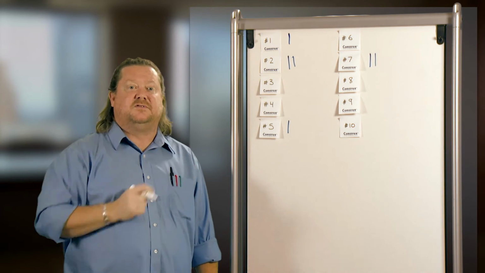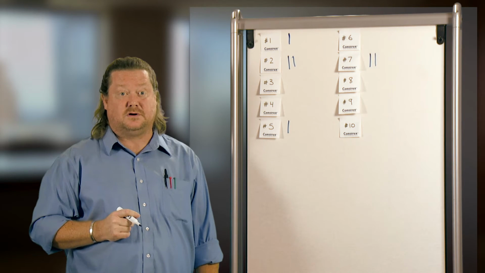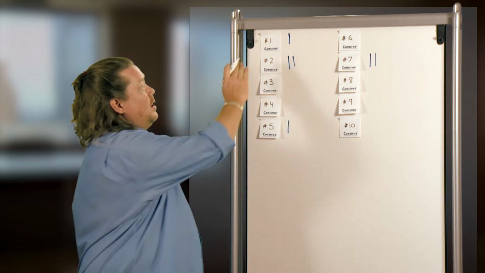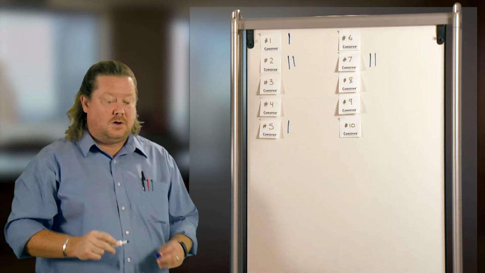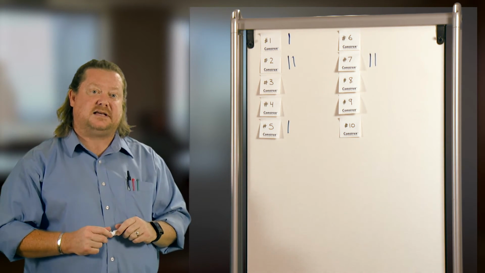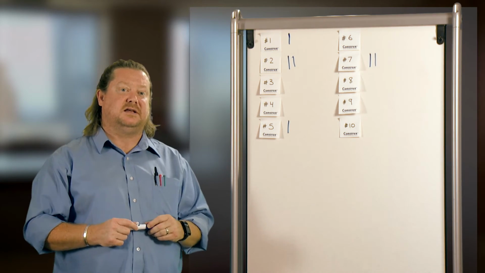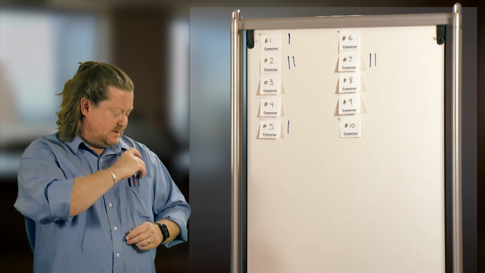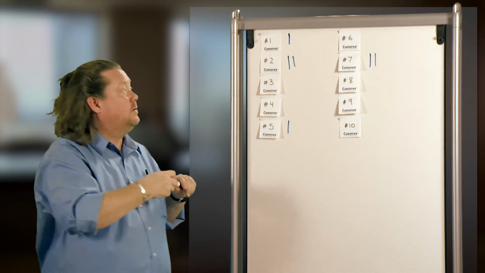And as every person on the team comes up and dot votes or hash votes or whatever you want to call it, you end up with a number of votes per item. Once all the dot voting has taken place, the Scrum Master, the facilitator, comes up to the board, comes up to the sticky notes, and they add up all the votes for the items. Something like this might look typical.